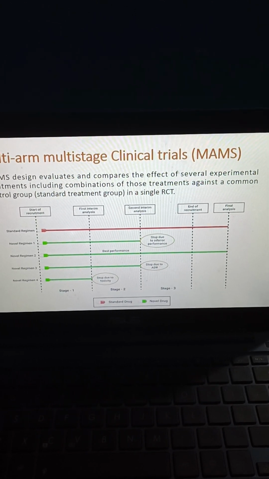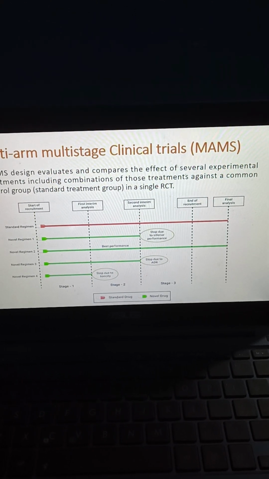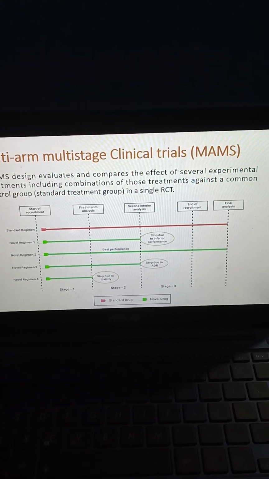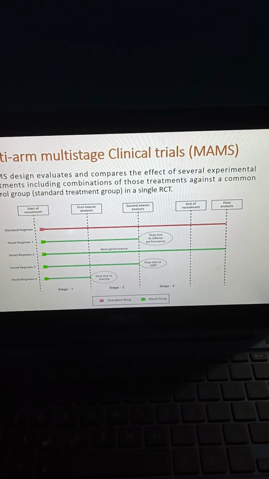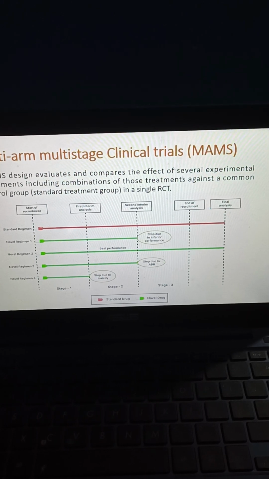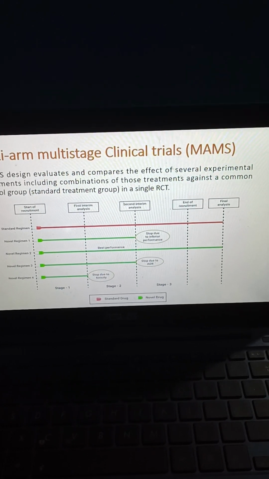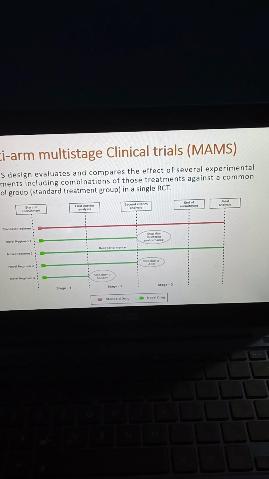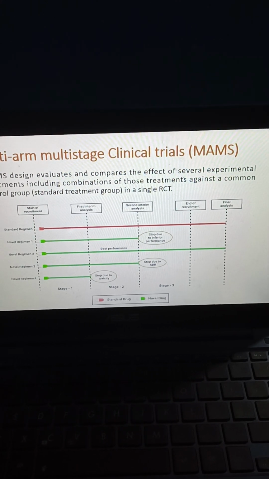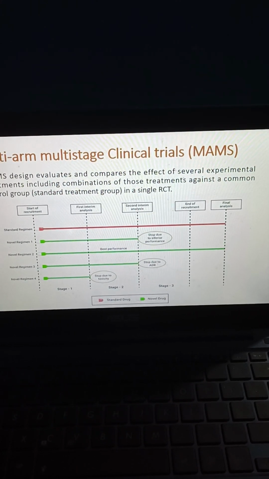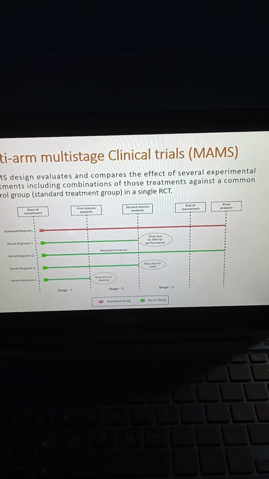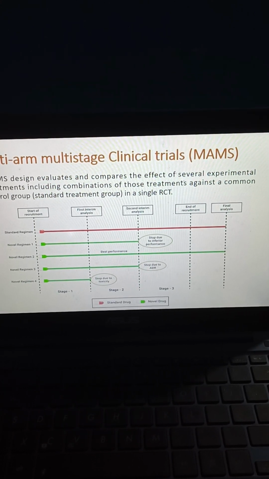At the start of recruitment, there is standard regimen, novel regimen 1, novel regimen 2, novel regimen 3, novel regimen 4. Then first interim analysis: novel regimen 4 stopped due to toxicity, and novel regimen 2 the best performance.